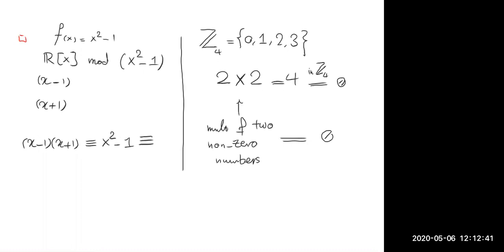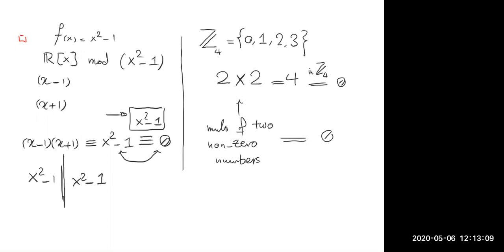But x squared minus 1 mod x squared minus 1 is 0. Because remember, two things are equal mod x squared minus 1 if this polynomial, x squared minus 1, divides their difference, which is x squared minus 1 minus 0. And that is trivially correct. Any polynomial divides itself. So we have two non-trivial polynomials, but their multiplication is 0.